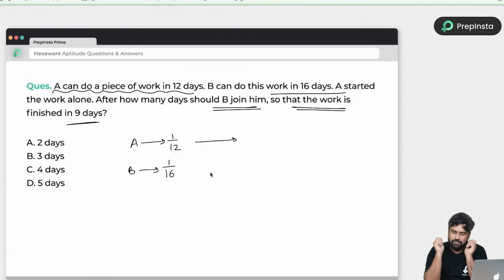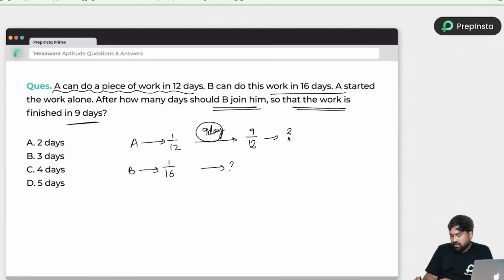Always think logically. See, A started the work and finished the work, so A is in the work entirely for the 9 days, right? We don't know how many days B worked, so we will find it and get the answer. So A worked entirely for 9 days, his per day work is 1 by 12, so 9 days of work will be 9 by 12.